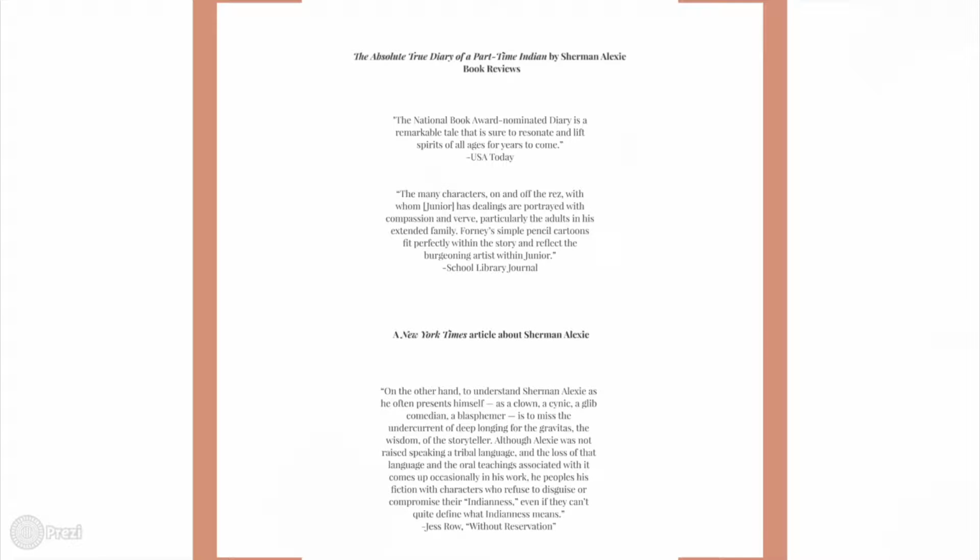At the bottom, we have a New York Times article about Sherman Alexie, written by Jess Rowe. And the reason that this is more formal is because this isn't normally how she would talk in person. This isn't very conversational. Rowe's audience here is a little bit different than just your best friends at a table, or this is probably not something she would text to her friends.